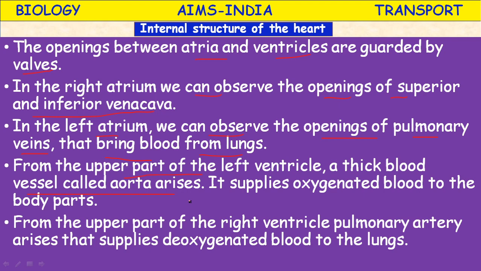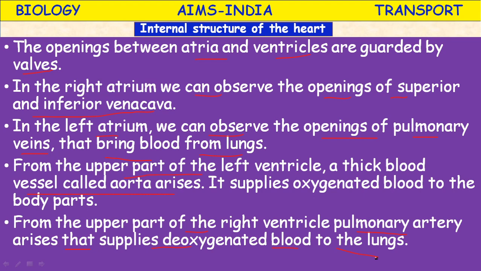It supplies oxygenated blood to all body parts. From the upper part of the right ventricle, another blood vessel arises, that is called the pulmonary artery. It supplies deoxygenated blood to the lungs.